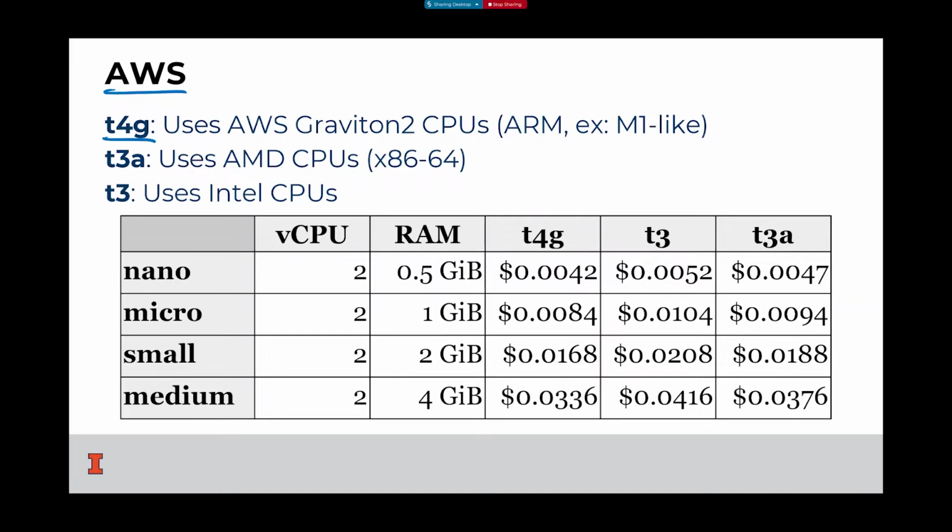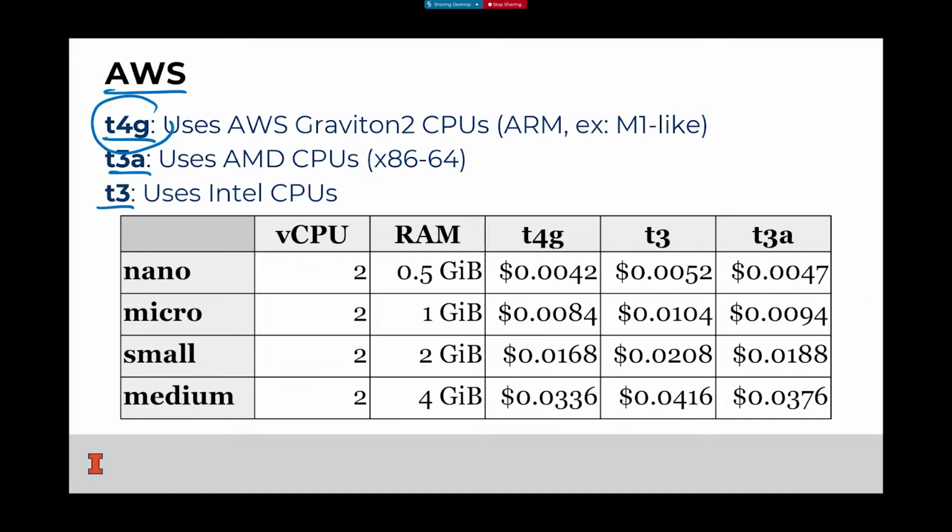It's very performant, very fast, and generally pretty cheap compared to the x86 offerings. Anything labeled T4G is your ARM-based, Graviton-based processor. Even though it's T3, this is still their current generation. If you want an AMD processor, that's T3A. If you want an Intel processor, that's T3. AMD and Intel are both x86 processors.